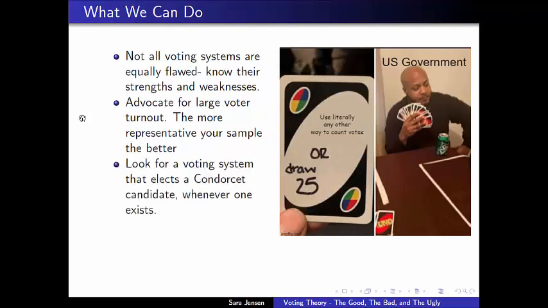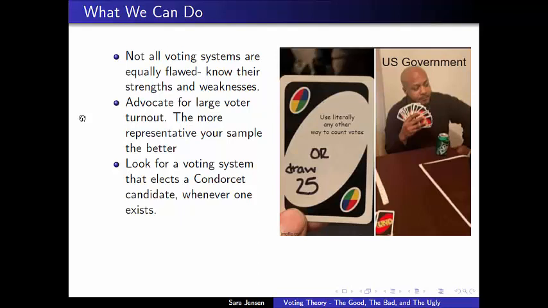Most people who truly study social choice theory really like methods like Copeland's method when we look for a Condorcet victor. So if you can find a voting system that would elect a Condorcet candidate whenever one exists, then this is a really strong condition to be able to guarantee with your voting system. It's a very good measure of fairness.